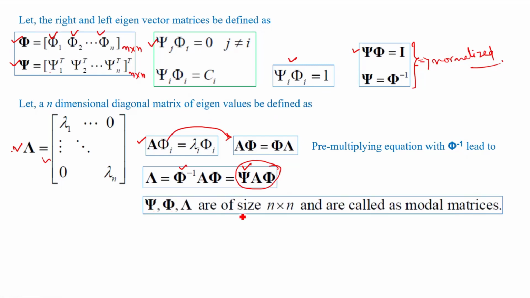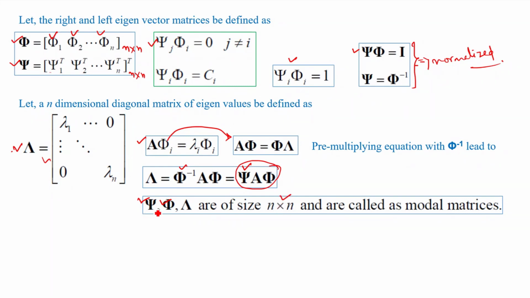These three matrices play a very important role in stability analysis. One is psi, the left eigenvector matrix; another is phi, the right eigenvector matrix; and the other is the diagonal matrix whose diagonal elements are all the eigenvalues. They are all of size n by n.